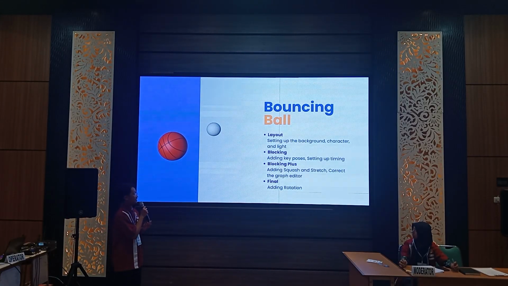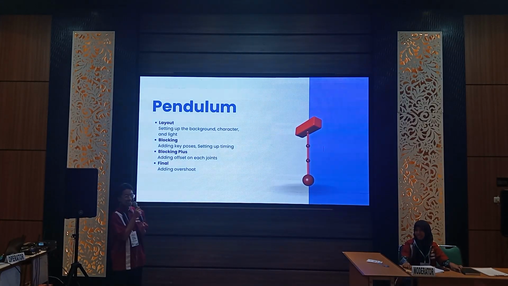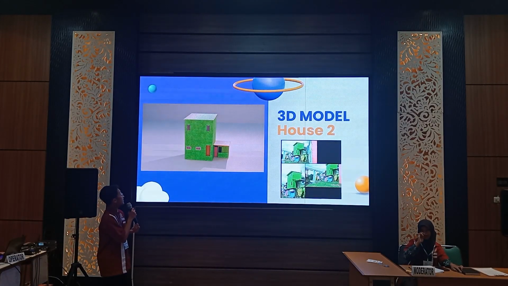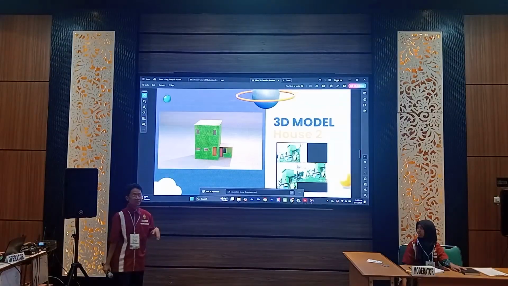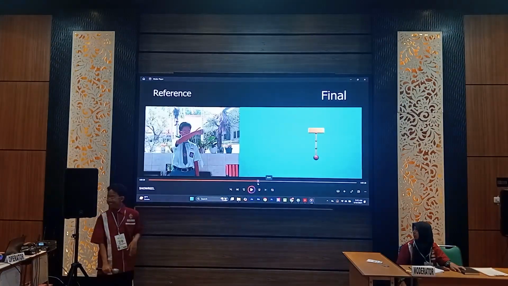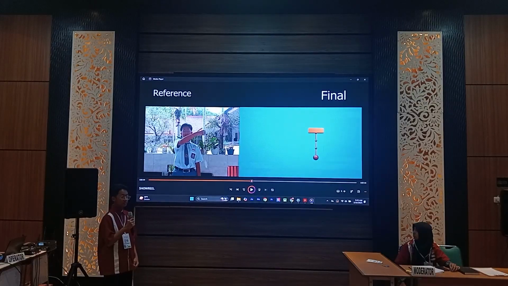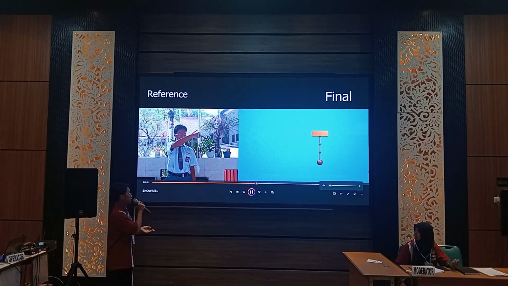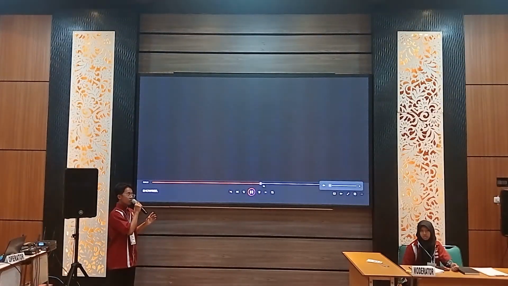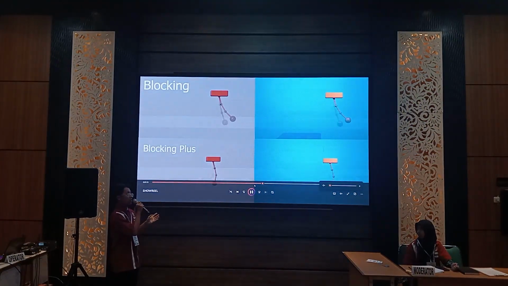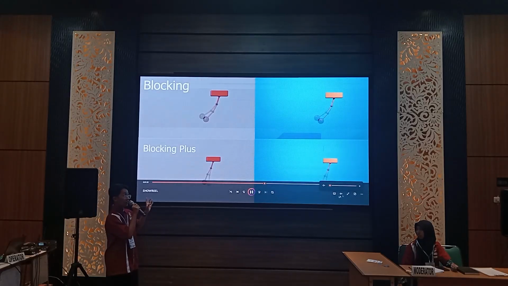Okay, next, pendulum. The video when it was swaying, the pendulum when it sways. That one. Okay, my question is, do you use any mathematical or scientific formulation to calculate the speed? I copied from the reference.